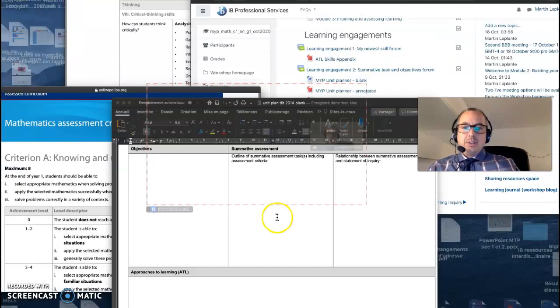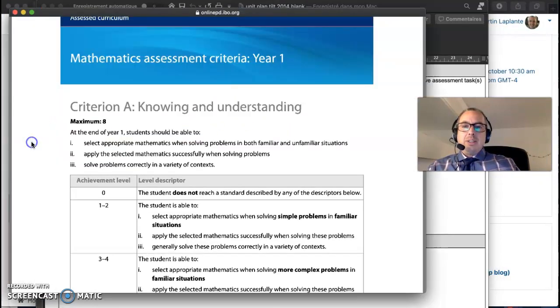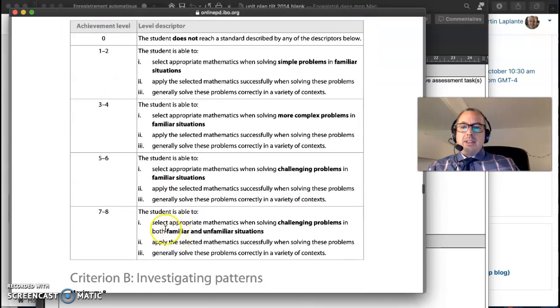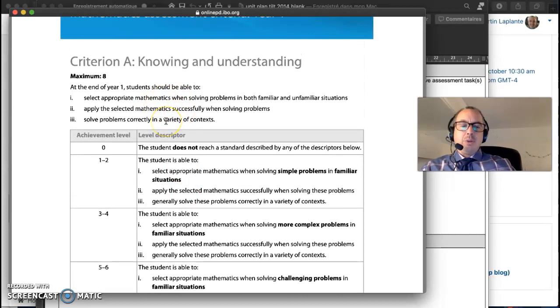It was written here, like which criteria would be evaluated, so that refers to the criteria here. And then you have the objectives and the strands, which would be here, like the I, 1, 2, 3, like in Roman numerals. So we have to identify which strands are evaluated.